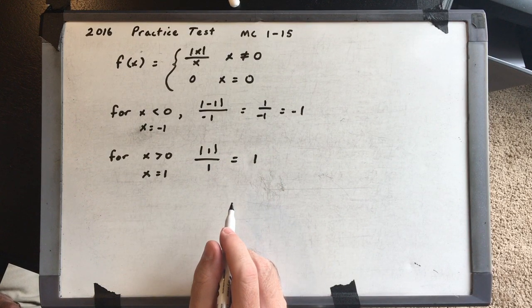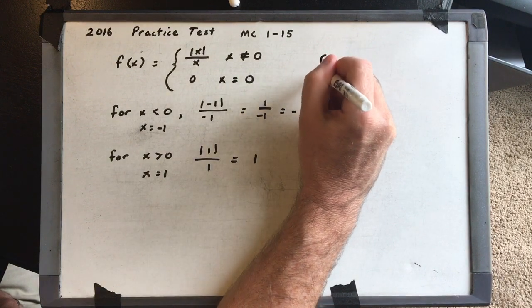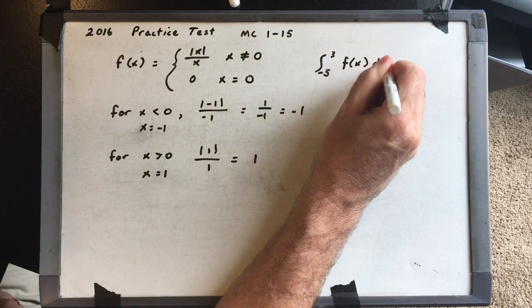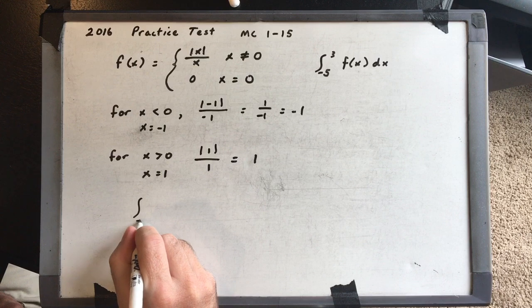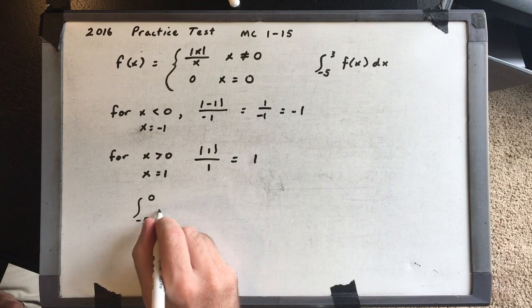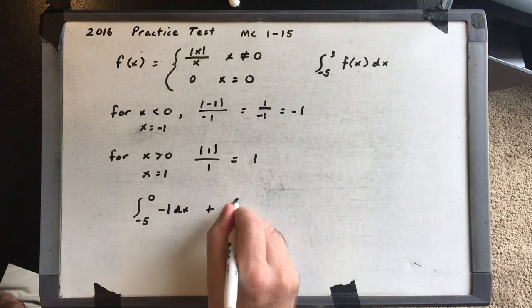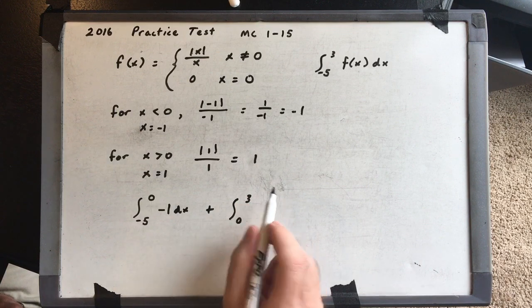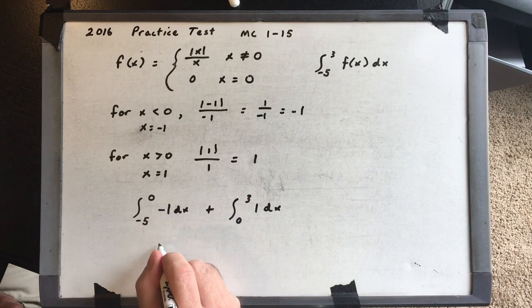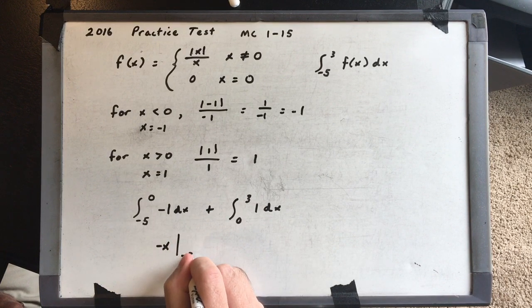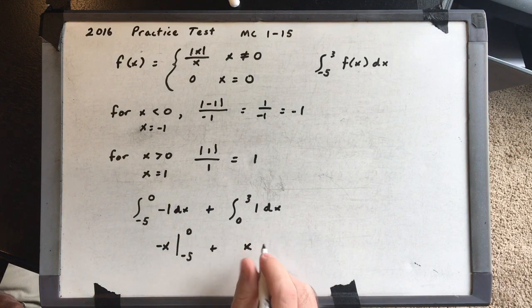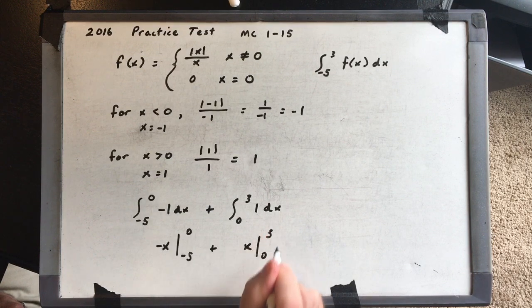If we want to evaluate the integral from -5 to 3 of f of x dx, the way we're going to write that out is from -5 to 0, because that's negative, -1 dx, plus from 0 to 3, when it's positive, 1 dx. So integrate that, you'd have -x from -5 to 0 plus x, the antiderivative of 1 is just x, from 0 to 3.